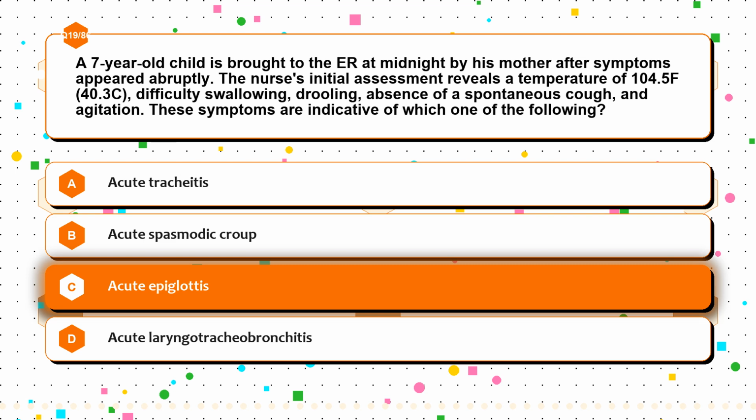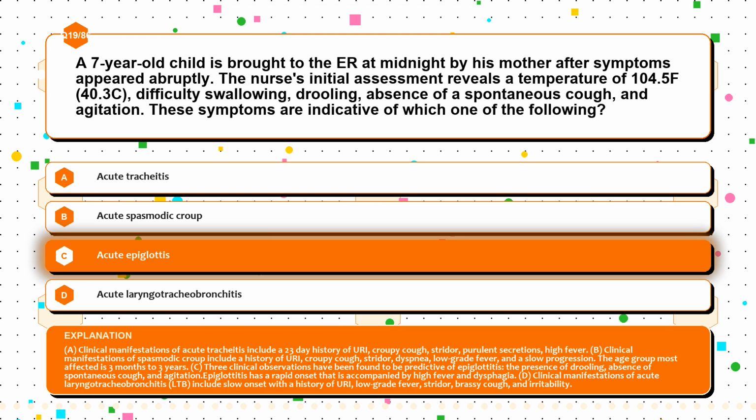The correct answer is option C, acute epiglottitis. A. Clinical manifestations of acute tracheitis include a 2 to 3 day history of URI, croupy cough, stridor, purulent secretions, and high fever. B. Clinical manifestations of spasmodic croup include a history of URI, croupy cough, stridor, dyspnea, low-grade fever, and a slow progression. The age group most affected is 3 months to 3 years.